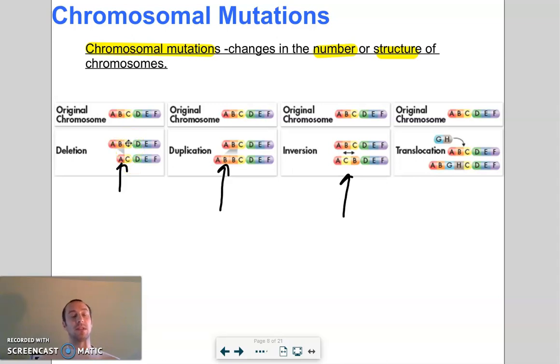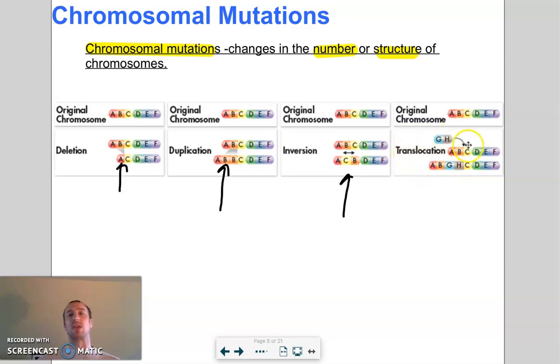And of course, if you lose genes, you lose the proteins that those genes made. Maybe it's an enzyme that helps clean up your lungs. Maybe it's an insulin receptor. There are all kinds of things that could be coded for in that language that get lost.